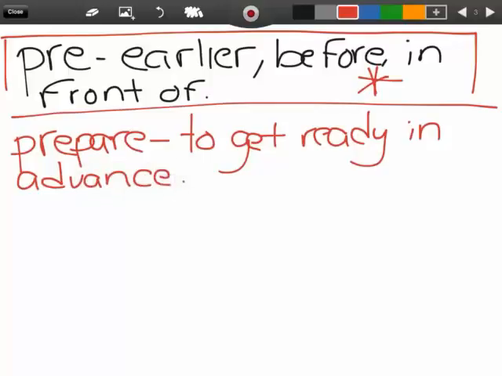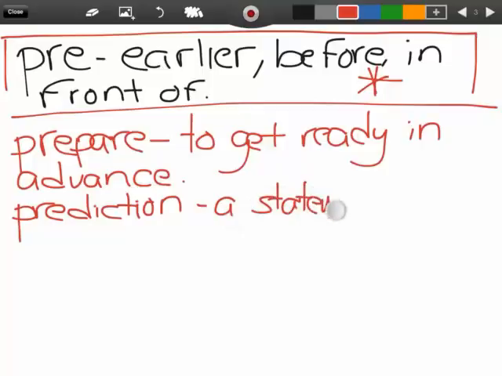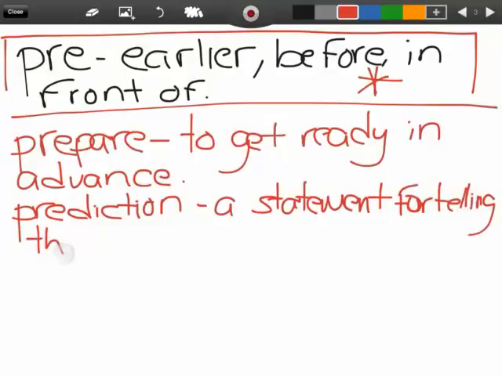I'm going to give you another word, prediction. Prediction means a statement telling the future.